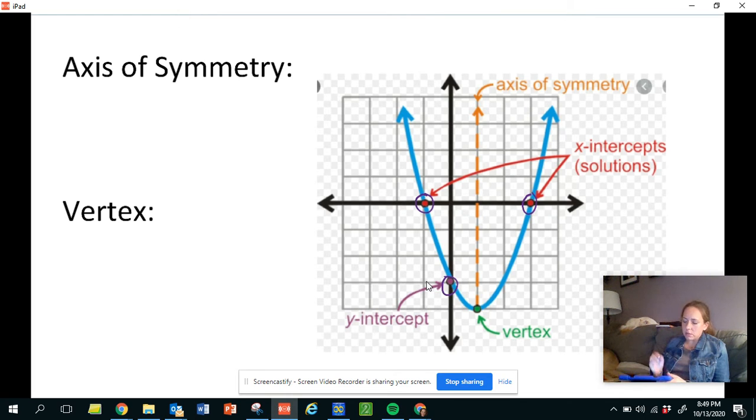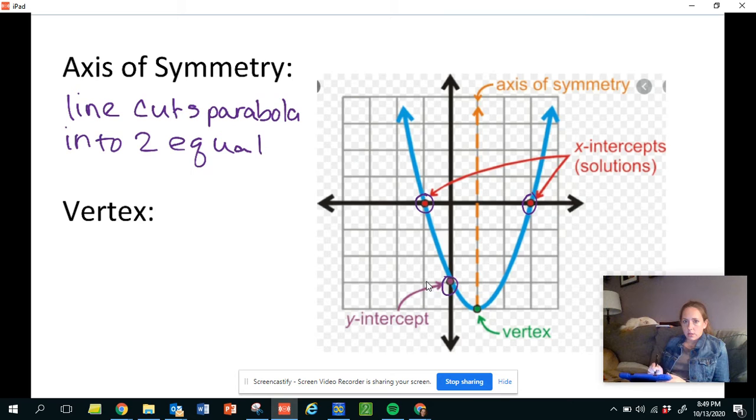So the axis of symmetry is a line that basically cuts the parabola into two equal halves. It's essentially in the very middle. It runs through the middle point and cuts it smack dab in half.